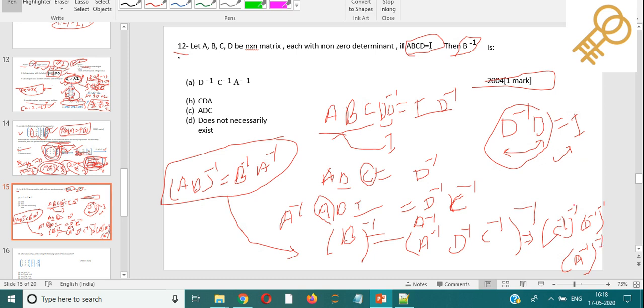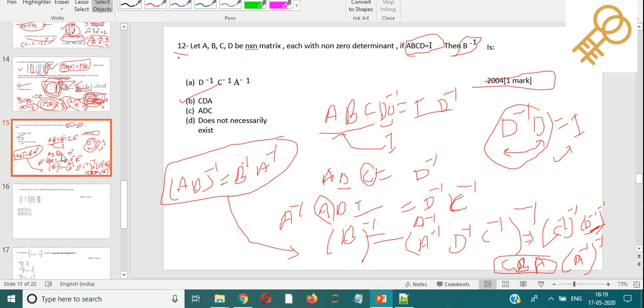The inverse of an inverse gives back the original, so C inverse inverse is C, D inverse inverse is D, and A inverse inverse is A. So this will be your final answer, CDA. It is option A. So this will be the final value for the given question. Moving toward the next question.